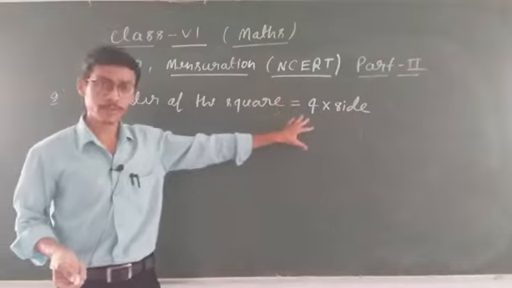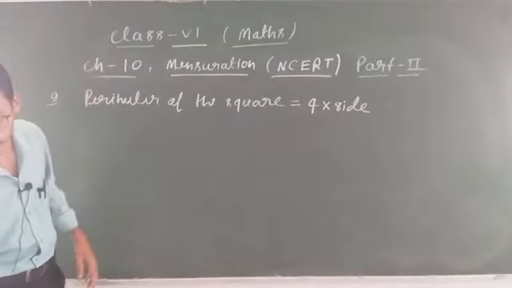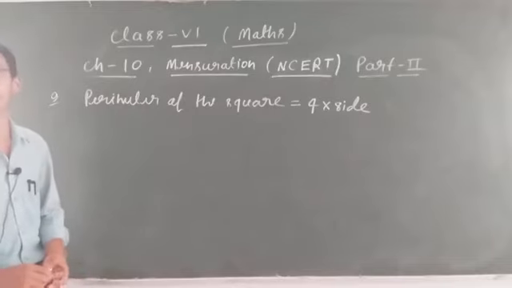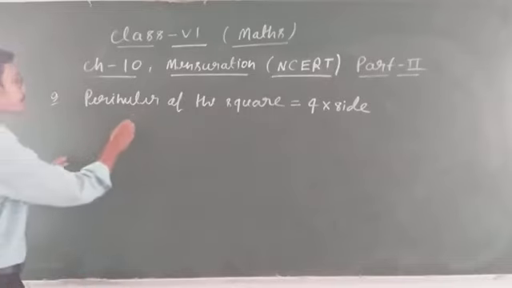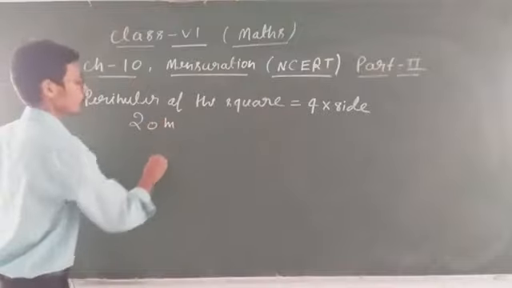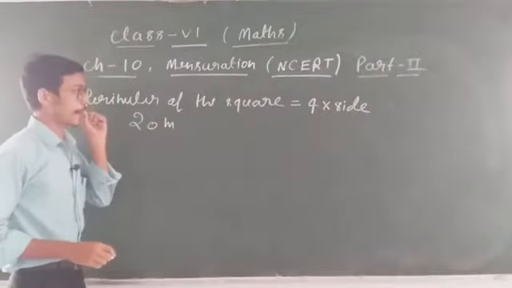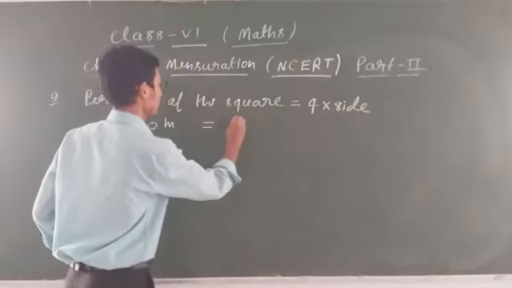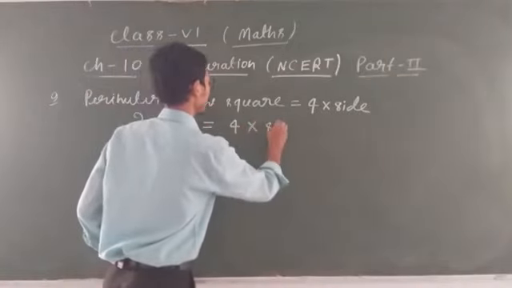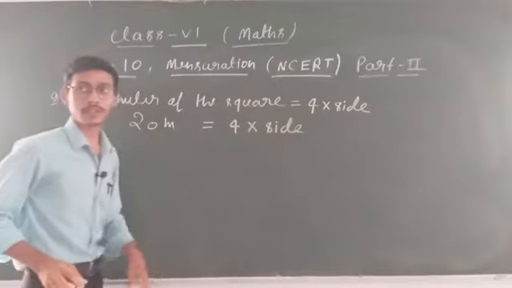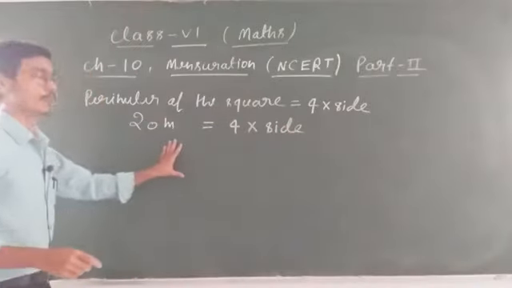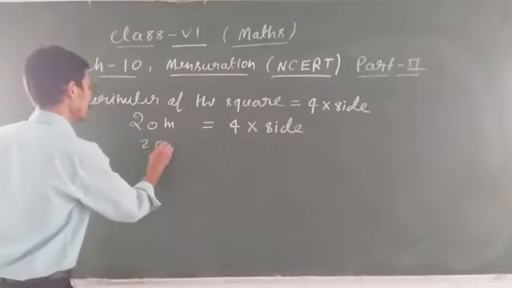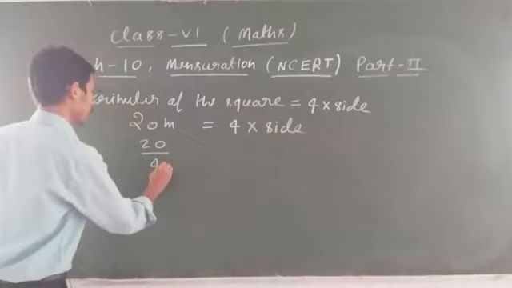Perimeter of square is equal to 4 into side, formula you know that. What is given in the question? Find the side of the square whose perimeter is 20 meter. Clear student? So perimeter is given 20 meter, so write down 20 meter. And 4 into side, write down equal to 4 into side. Now perimeter is equal to 20 meter, equal to 4 into side. Clear? So write down 20 upon 4. Why?